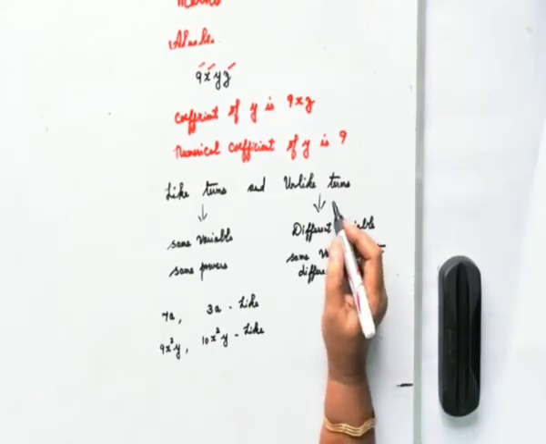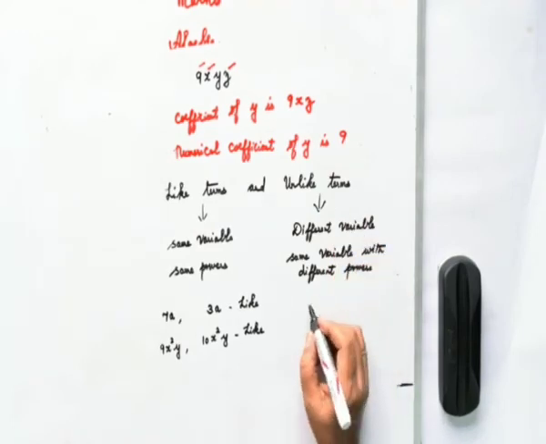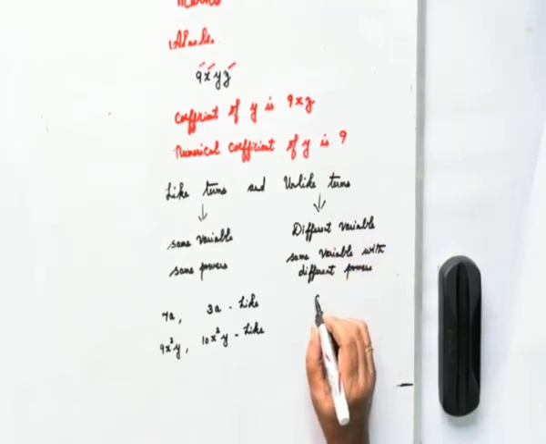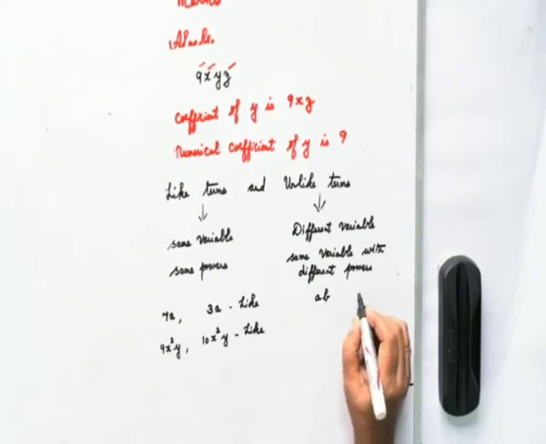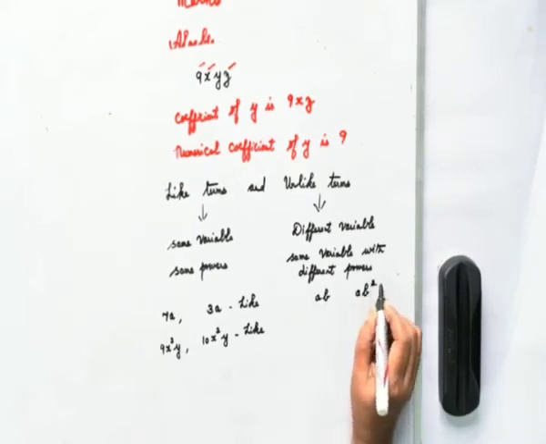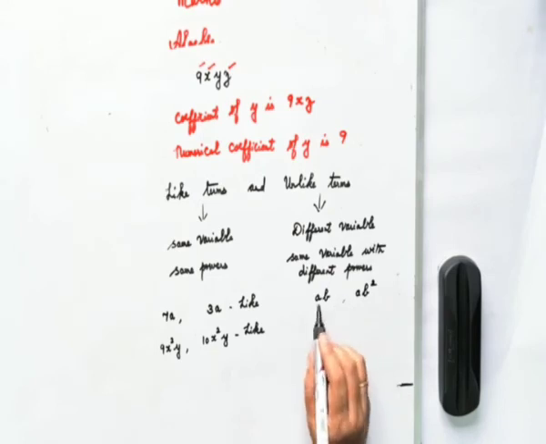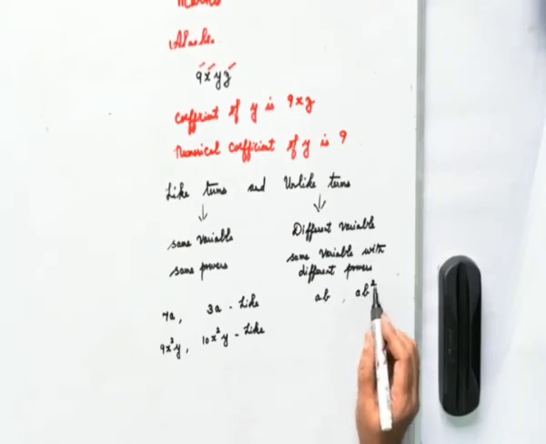Now we will see the examples of unlike terms. Here what is the variable? a and b. ab, and here ab squared. Here the power is 1. Here the power is 2.